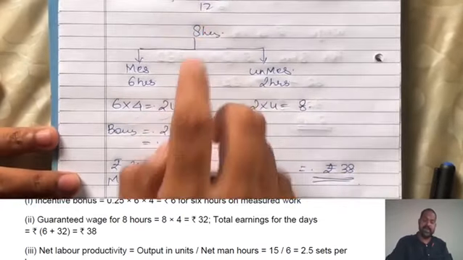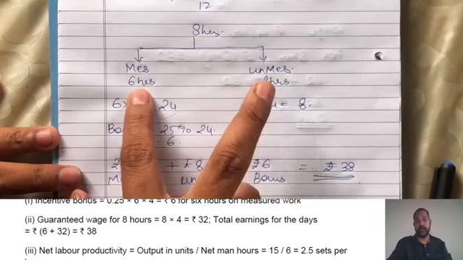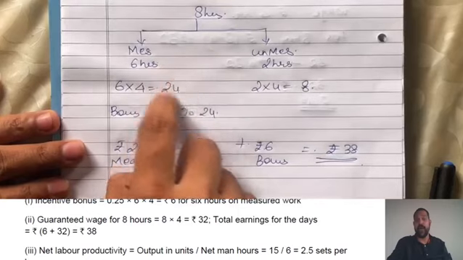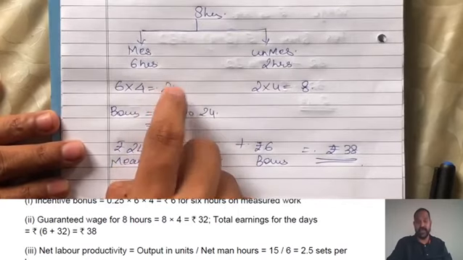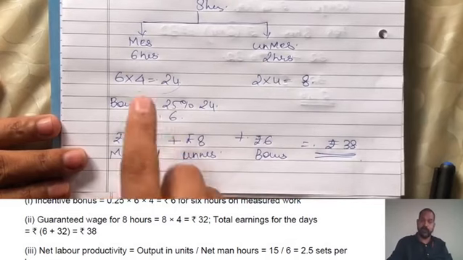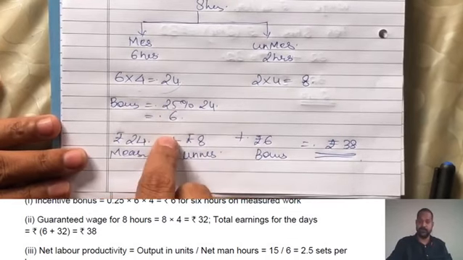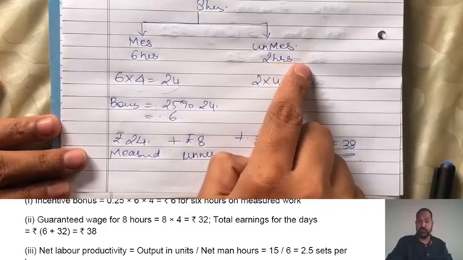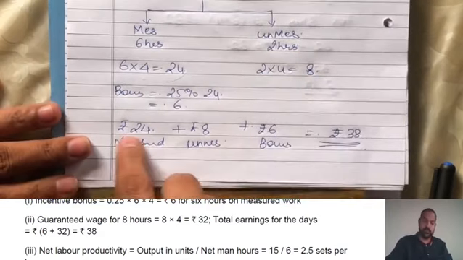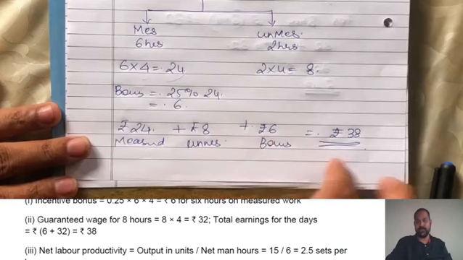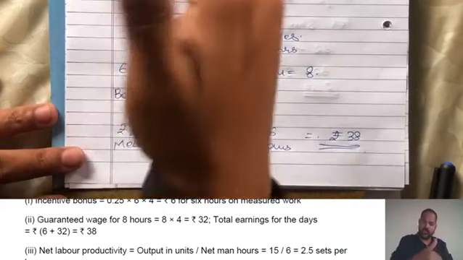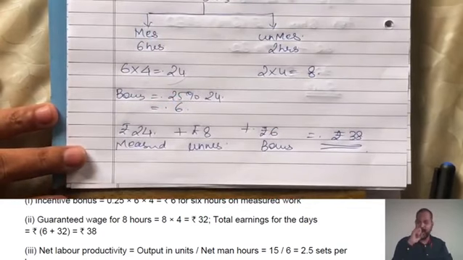Which means in the 8 hours, which is 6 hours of measured and 2 hours of unmeasured work, 6 into 4, which is 24 rupees that I pay you, I have to give you a 25% bonus on it, which is a bonus of 6 rupees. The 2 unmeasured hours are 2 into 4, which is 8. So it is 24 plus 8 plus 6, which is a total of 38 rupees. That's your answer.